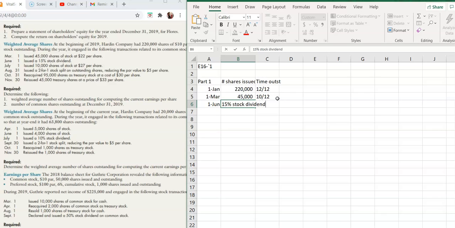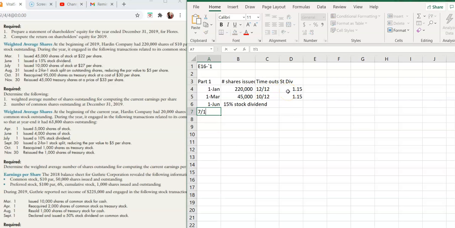Those are assumed to be retroactive, and they go back to the beginning of the year. So both of these, I'm going to multiply by 1.15. So here's my stock dividend, because I'm going to have the 220,000 shares plus another 15%, so I can multiply by 1.15.